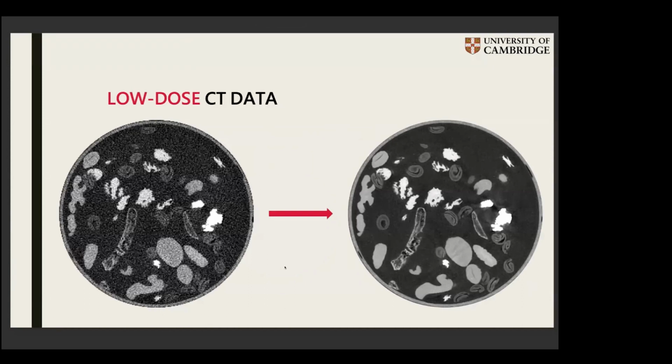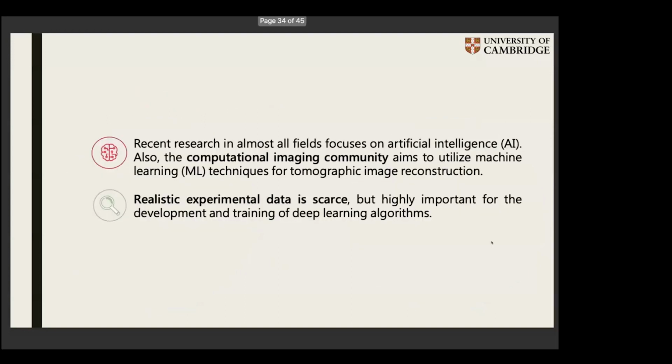Here is shown on the left an example of a very noisy reconstruction that we would get, which we would then try to somehow denoise. This is the problem that we deal with, i.e., removal of artifacts and denoising in computed tomography reconstructions.